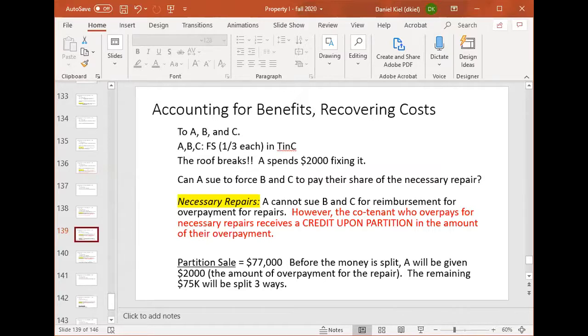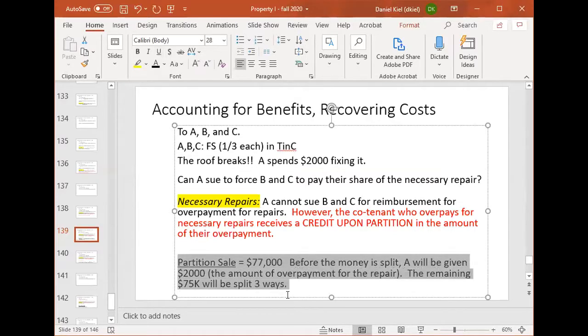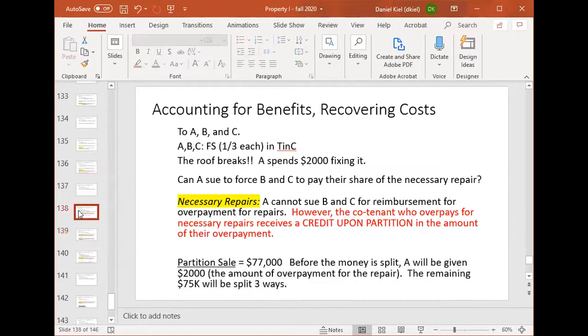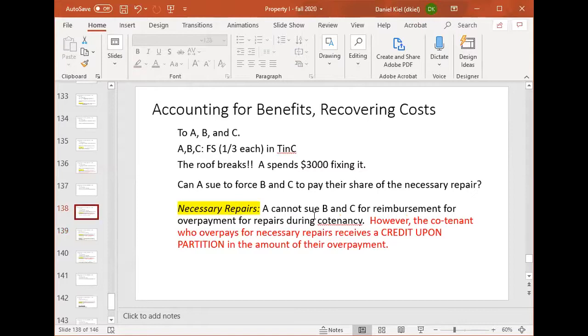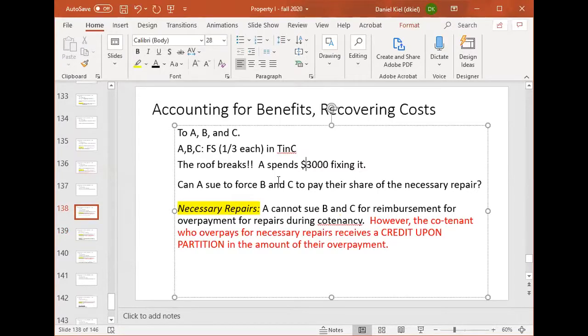Let's back up. What sale are we talking about? Are you talking about Yale's example where A sells their share in the tenancy in common? Yes. Okay. So this is before a partition sale happens. Correct. So we're back up in this universe. And I had 3,000, but I saw that I screwed that up.